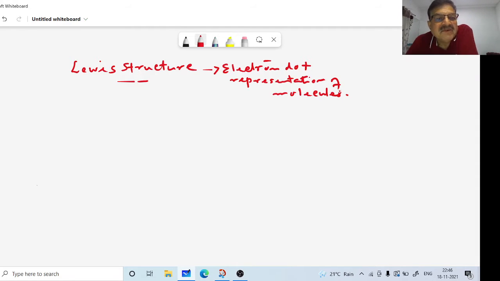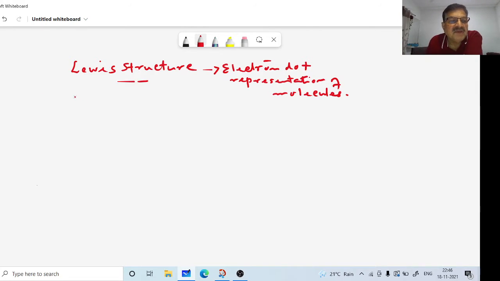Now what is the importance of this Lewis structure? A properly drawn Lewis structure, a valid Lewis structure, I am stressing upon that point. What is meant by a properly drawn Lewis structure? It shows the number of bonds and the number of lone pairs present around each atom in a molecule.